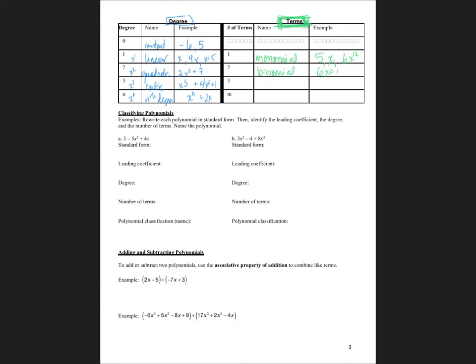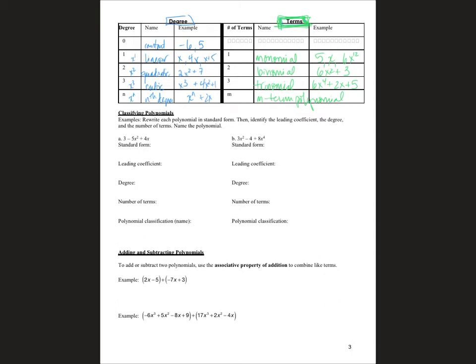Example, x squared plus 3. 3 terms, we said it was a trinomial. I don't care about the degree, I care about how many terms it has. And if it has m terms, I would call that an m-term polynomial. So again, to classify a polynomial, I have to include what the degree is and the number of terms.